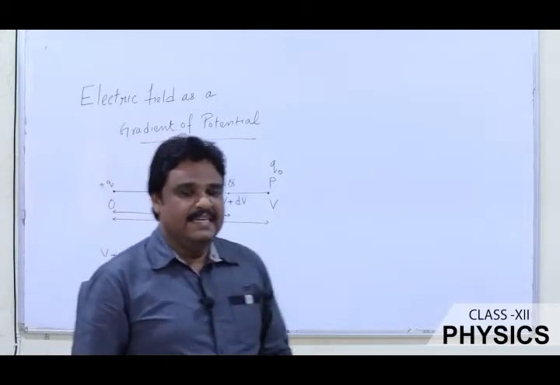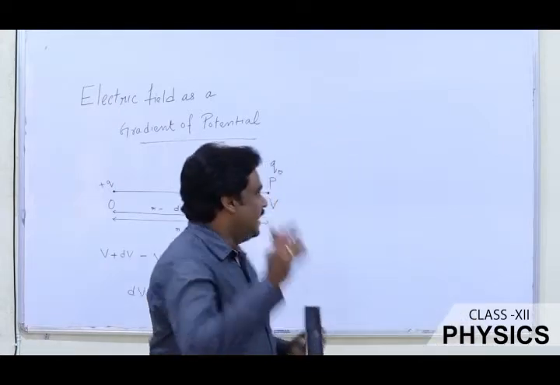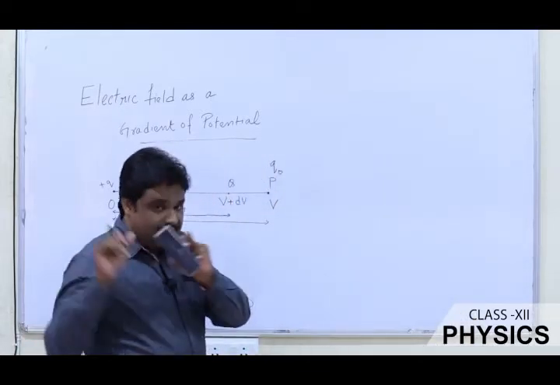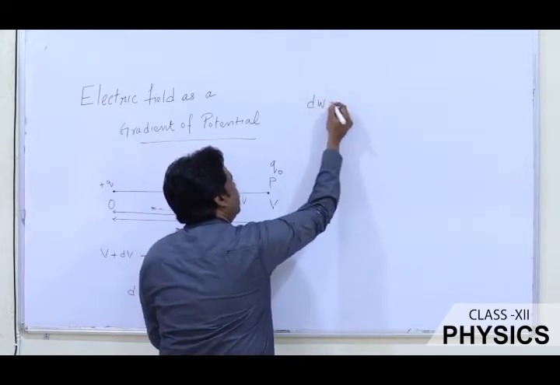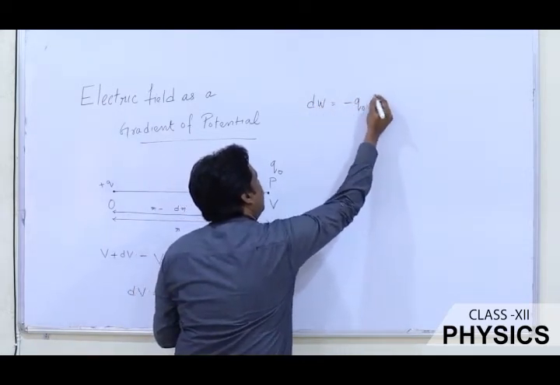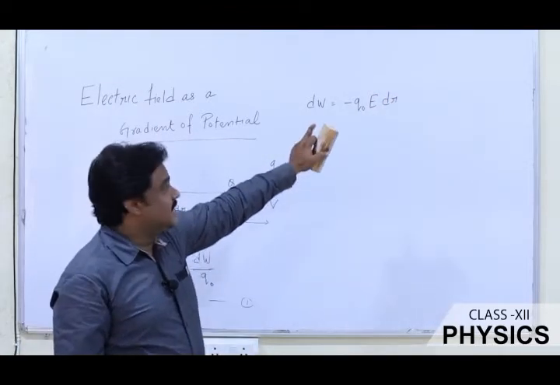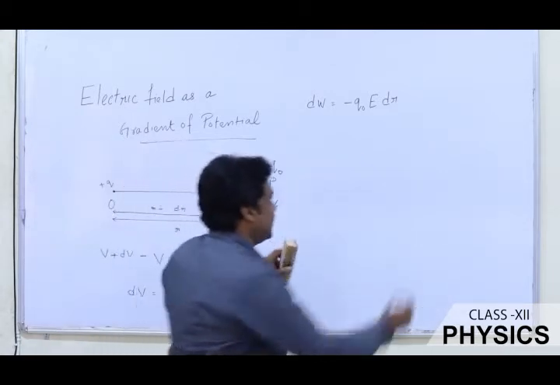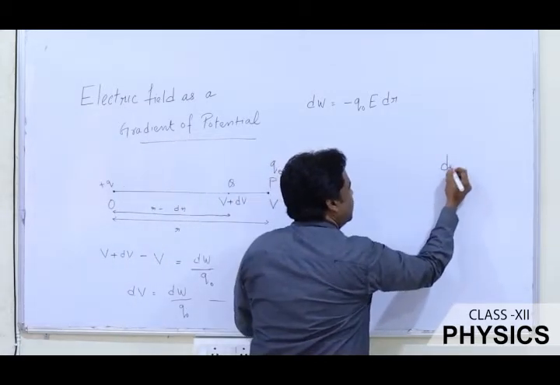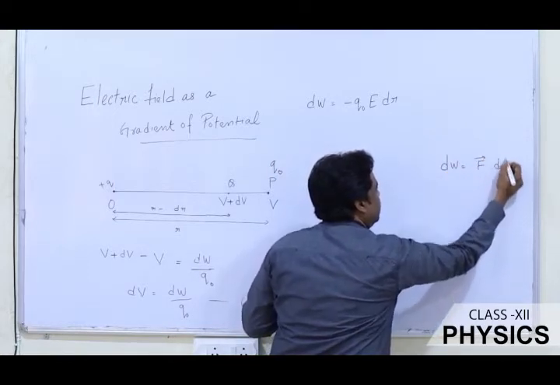On the last day, while deriving an expression for electric potential due to a point charge, I asked you to make a recall of a formula. We derived dW is minus q naught E dr. I think you can recall this. Once again I am going to derive it. You know what the small work done is: dW is F vector dot dl vector.